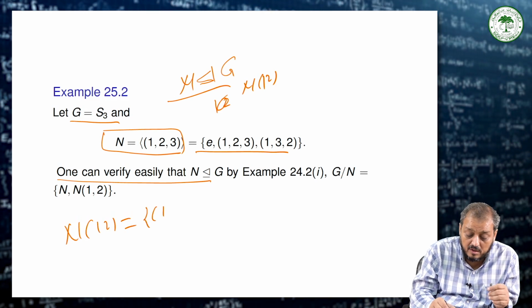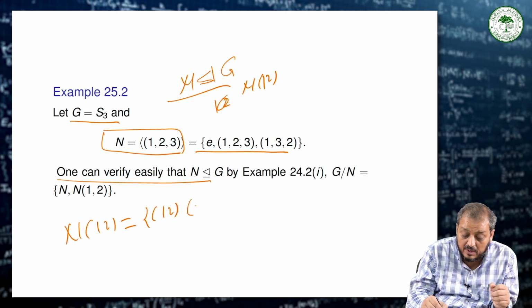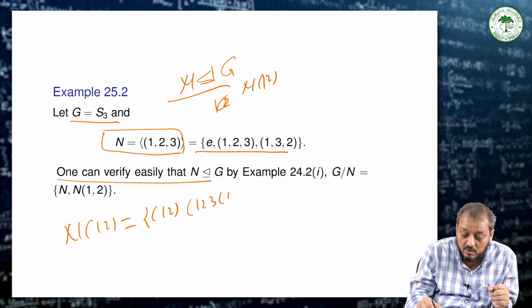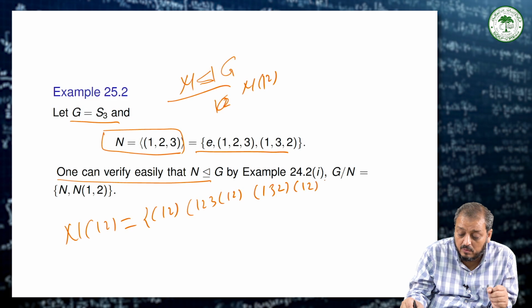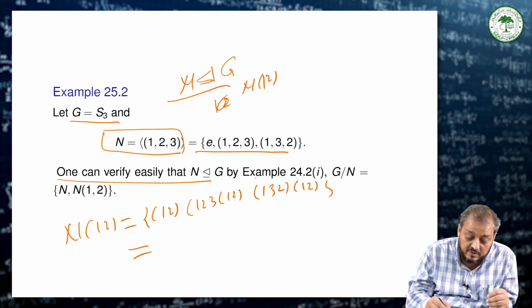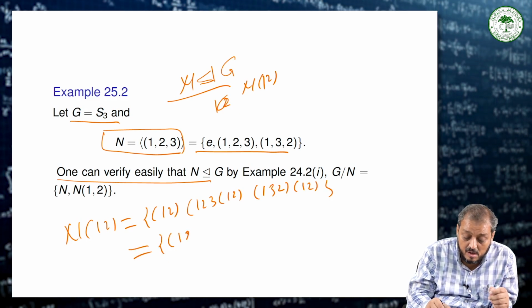Just to verify, N(1 2) is equal to (1 2), then (1 2 3)(1 2), then (1 3 2)(1 2), and this is nothing but equal to, you can just check, (1 2).